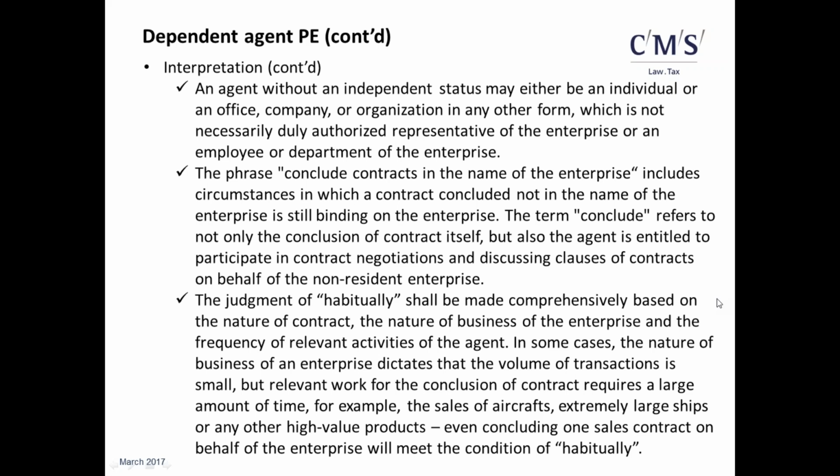with a Chinese customer during one year. Still, it will lead to the constitution of a PE in China, because the aircraft is a very high value product, and such a high value will give you a concept that under such a circumstance, the foreign enterprise usually has a very low frequency of signing contracts with the Chinese customers or other customers.